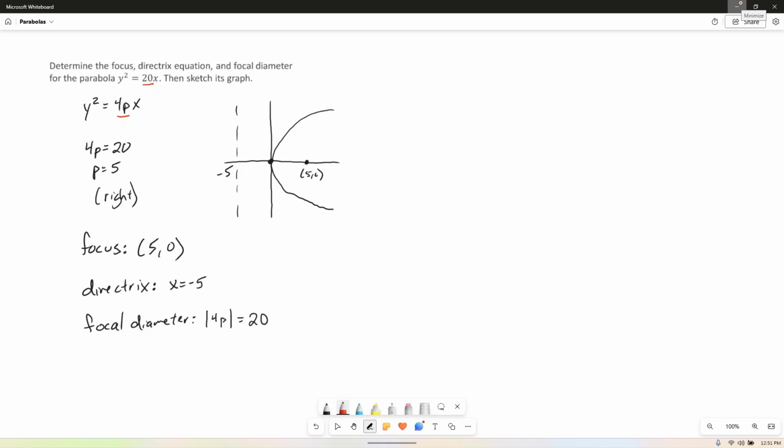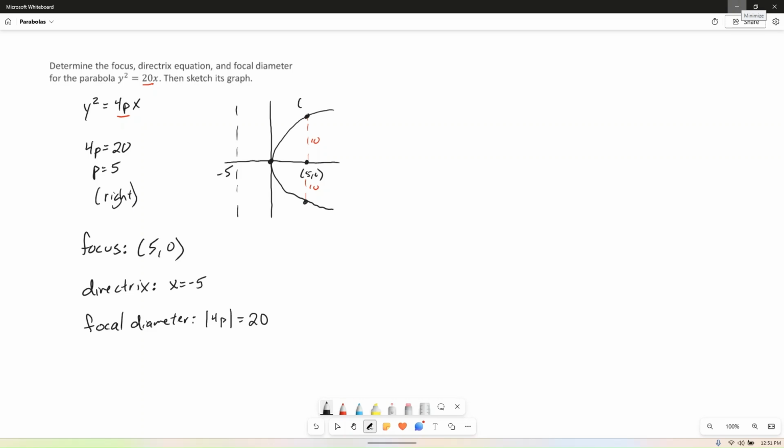And remember, the focal diameter is the width of the parabola using a diameter that passes through the focus. So that means from the focus, if you traveled up to the top and then down to the bottom, that total distance is 20, which means the distance from the focus up is 10 and the distance from the focus down is also 10.